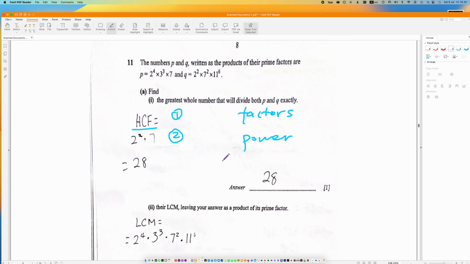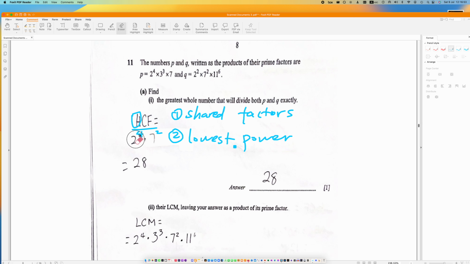Yup, shared factors. Shared means same, right? And then what power? You see H, it means highest. But wait, no, lowest power. Okay, good. So you choose the lowest power, so this becomes 4 already, then this becomes 2 already.